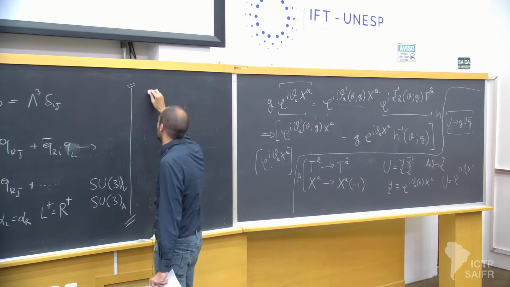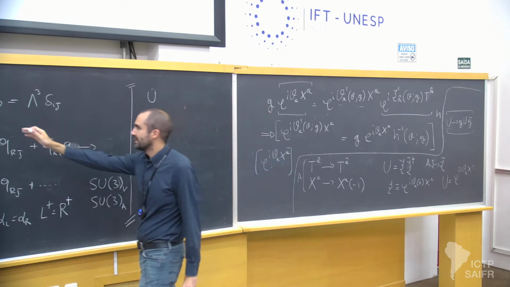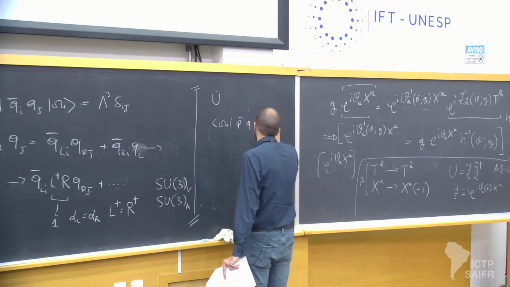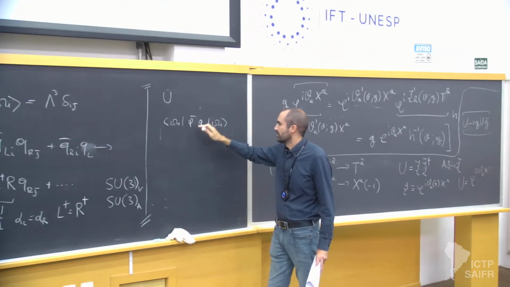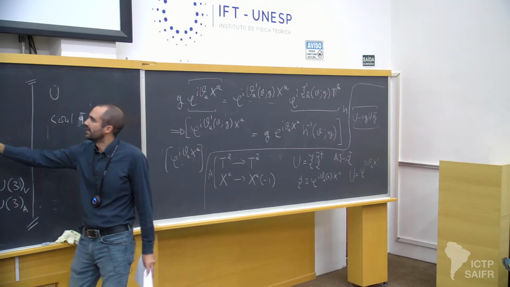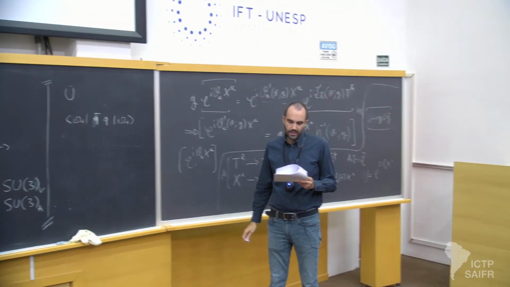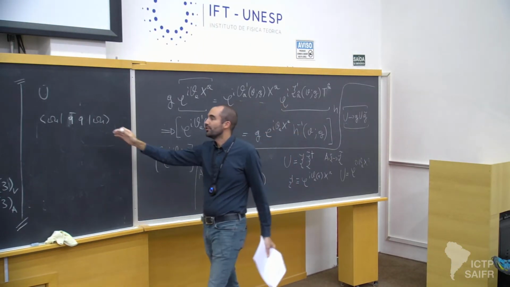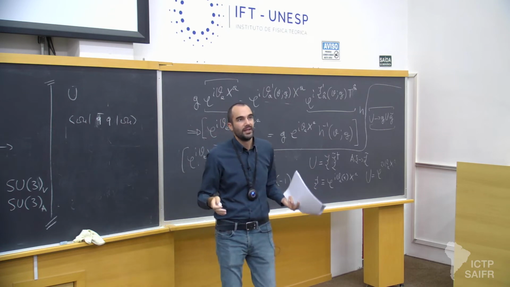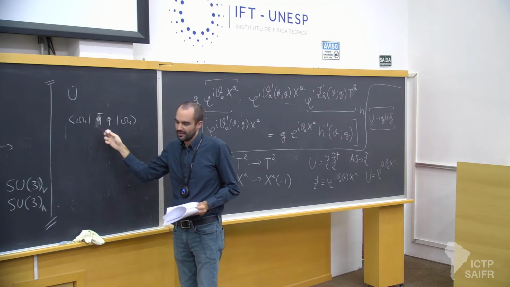Okay, so now we are looking for this U in our QCD theory. We know that the different vacua are essentially, so this is the object that has a non-zero vacuum expectation value. And so essentially what we're trying to do with this U is to parameterize all the vacua, right? So we are looking at the directions in the potential that are flat. So this U should have the same transformation properties as this object for obvious reasons, right?